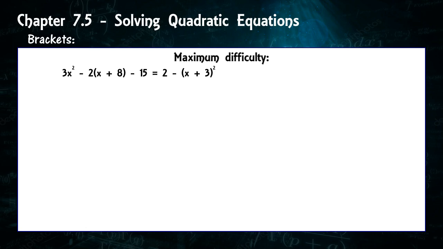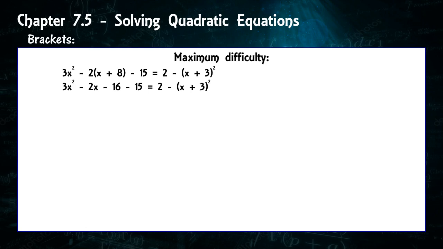We see brackets, so first let's multiply these out to see what happens. Multiplying out the first brackets will give us 3x^2 - 2x - 16 - 15 for the left hand side. For the right hand side, we have to be careful. As there is a minus sign in front of them, that would mean that whatever we get from multiplying them out has to be multiplied with -1.